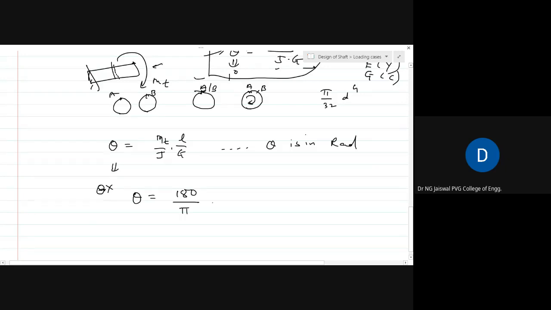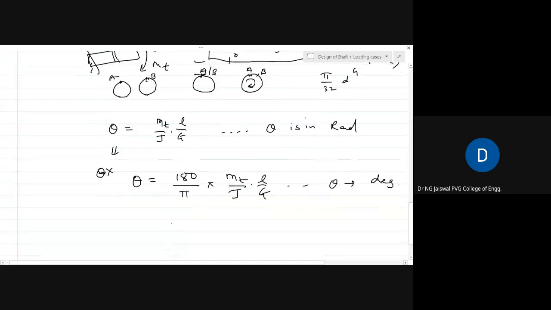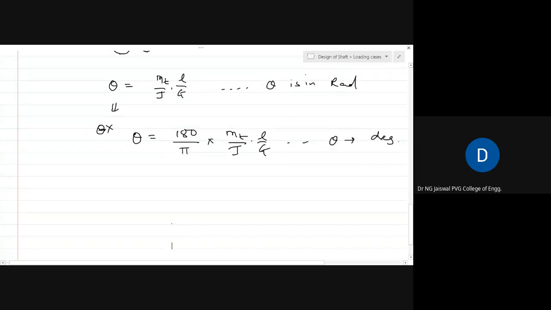If I multiply it by 180 by pi, it means I converted that into degrees, so theta here will be in degrees. And sometimes you can put J is equal to pi by 32 d to the power 4.